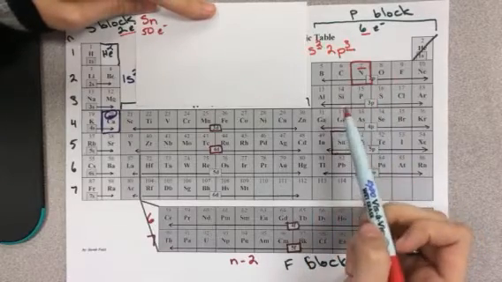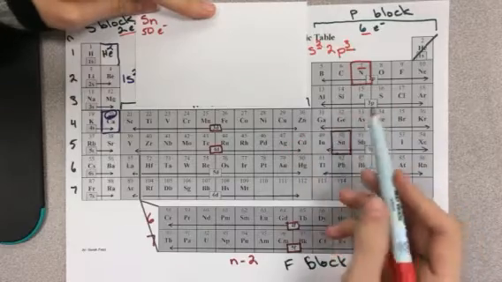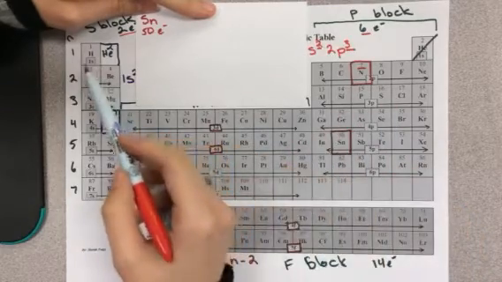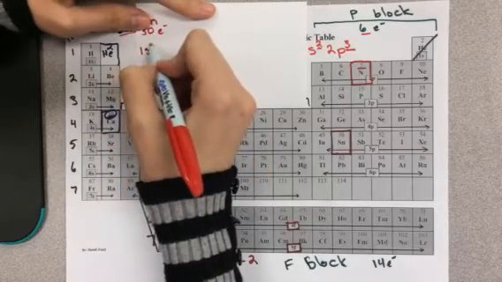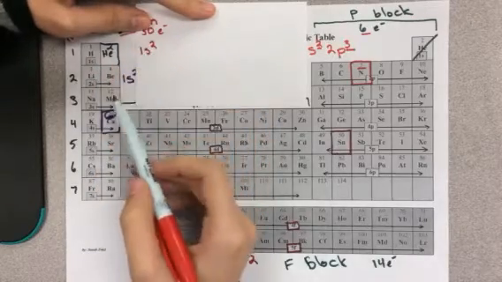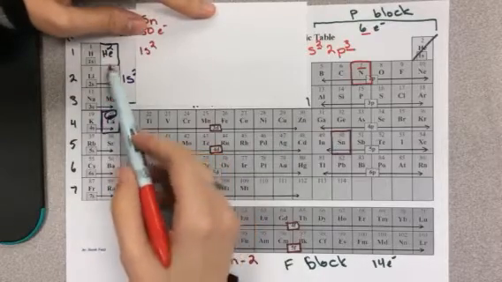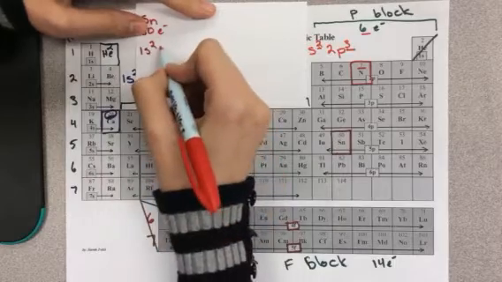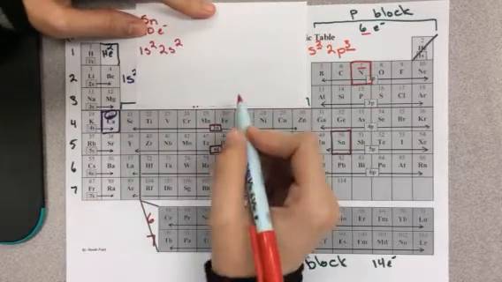Now remember, the lowest energy level orbitals are going to get filled first. This is always the case. So we're going to start with the 1s orbital, and it's going to get completely filled. Remember, s orbitals have 2 electrons. Then we move down into the next energy level where you have the 2s orbital, again with 2 electrons.